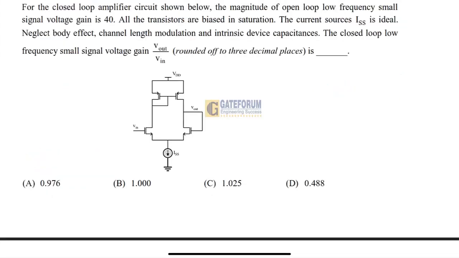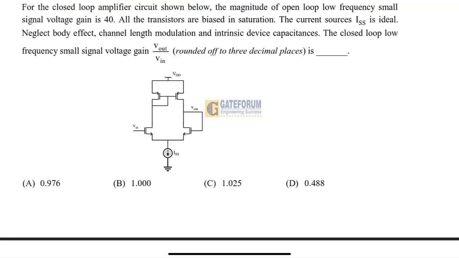So the statement of the question is: for the closed loop amplifier circuit shown below, the magnitude of open loop low frequency small signal voltage gain is 40. All the transistors are biased in saturation. The current source ISS is ideal. Neglect body effect, channel length modulation and intrinsic device capacitances.